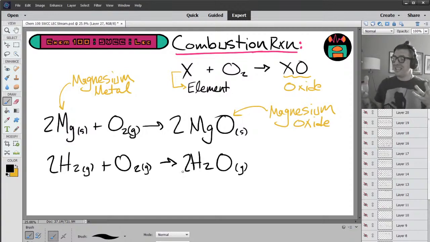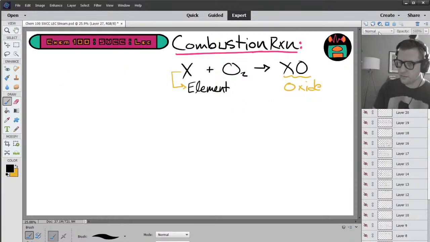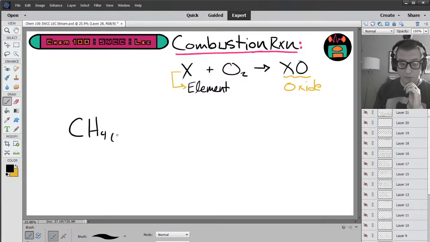But water is just a hydrogen oxide. It's the oxide of hydrogen. The most common type of combustion reaction you're going to come across is the combustion of hydrocarbons. So for example, any of you who used a gas stove this morning did this reaction. You were doing a chemical reaction, chemical experiment, even if you didn't notice or know it.